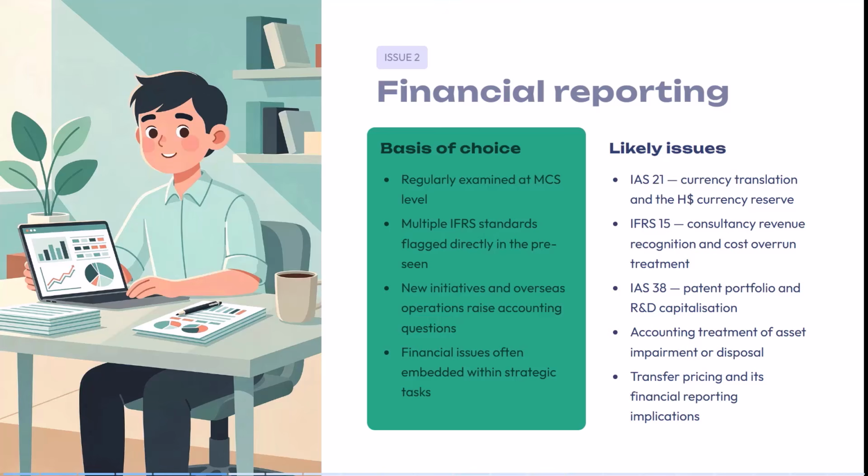So where an internal transaction is priced between Cartn's manufacturing and consultancy divisions, or between entities in different tax jurisdictions, the transfer price affects reported revenue and costs in both entities. So the accounting entries, the impact on reported profit, and the disclosures required are all financial reporting questions.